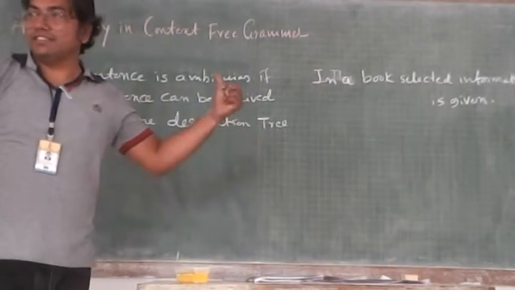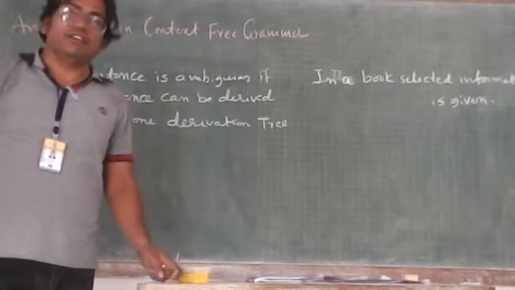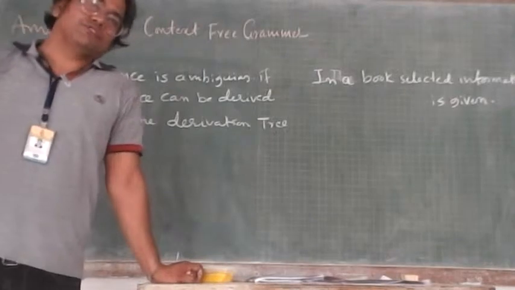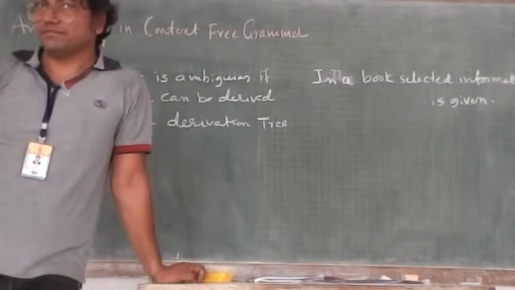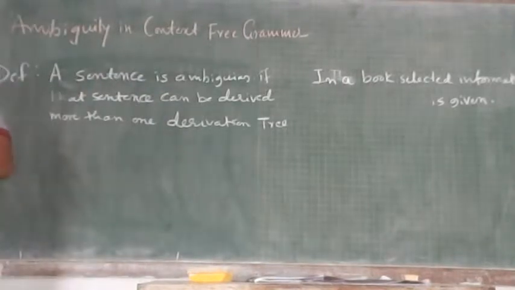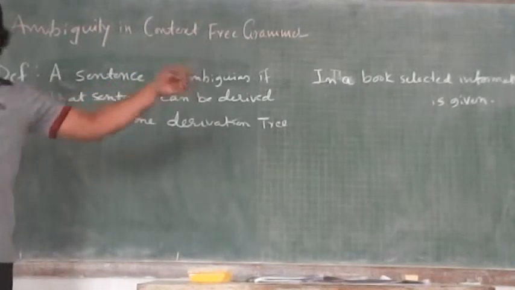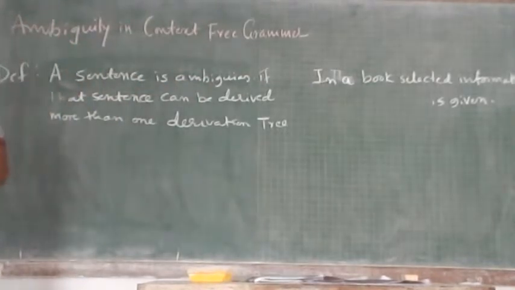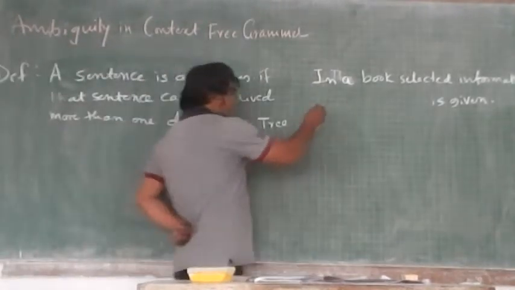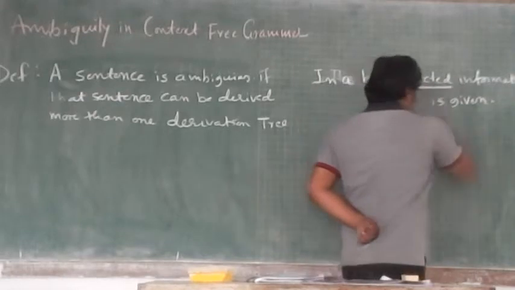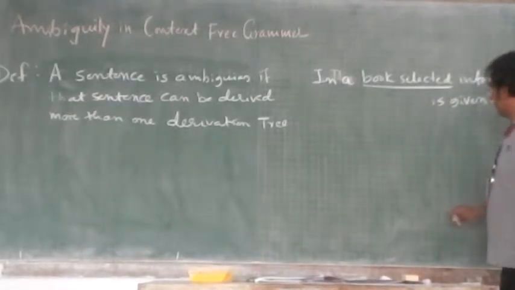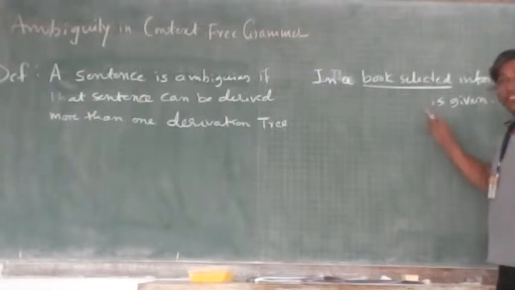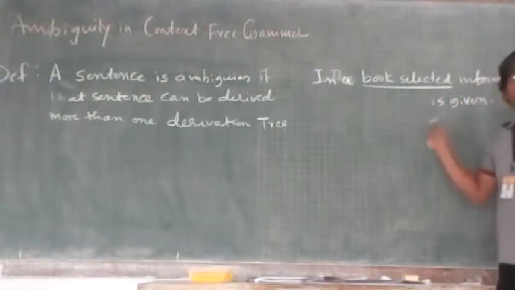Does this sentence give you a unique meaning, or does it give you an ambiguous meaning? I am sure that two different people can draw a meaning from the same sentence in two different ways. One may read, in a book selected information is given.